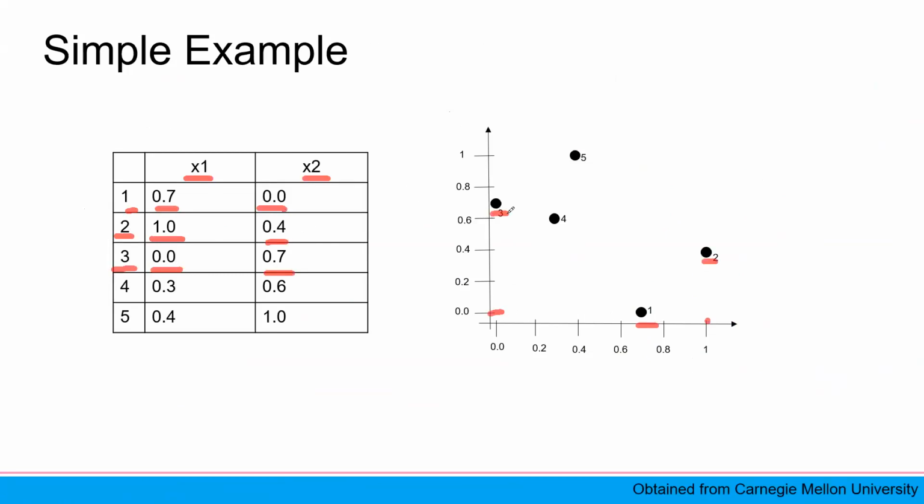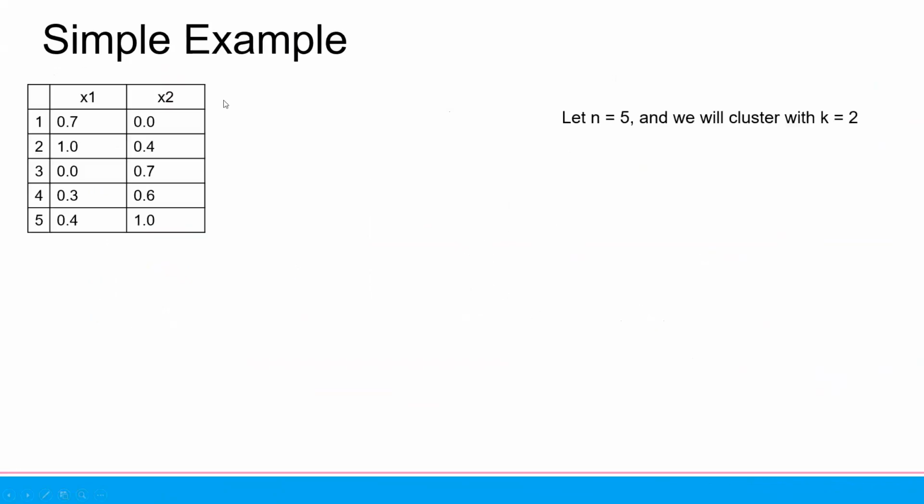So we have 5 data. Now, how can we make the clusters? First, we need to determine how many k we want to create. Let's say I want to make 2 clusters, and we have 5 data.